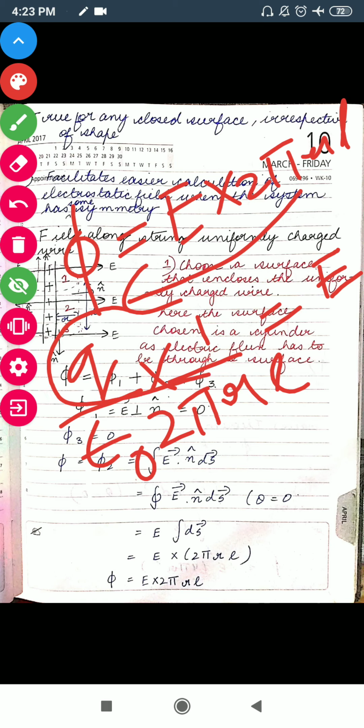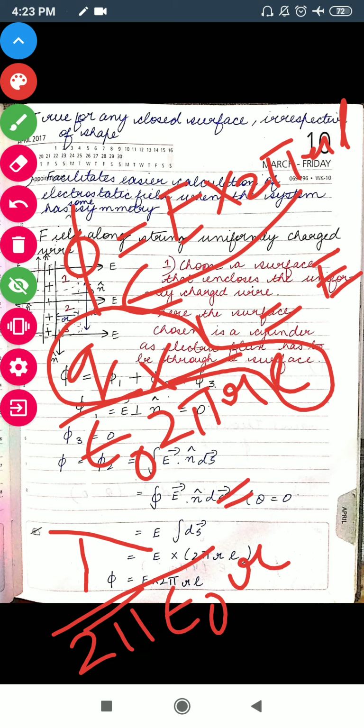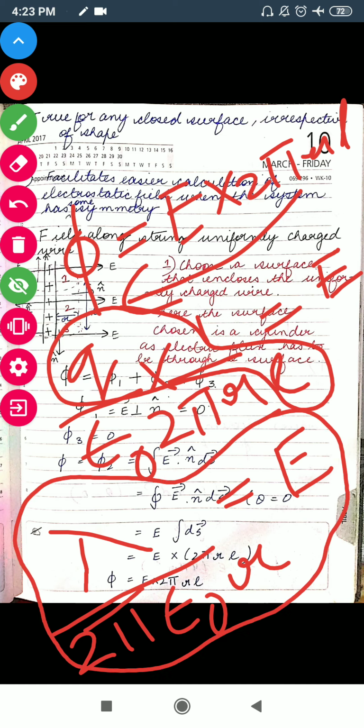Then Q upon L is lambda. So the final expression is lambda upon 2 pi epsilon naught r. That is the electric field due to a uniformly charged wire with a positive uniform charge, and the expression of the electric field is lambda upon 2 pi epsilon naught r.